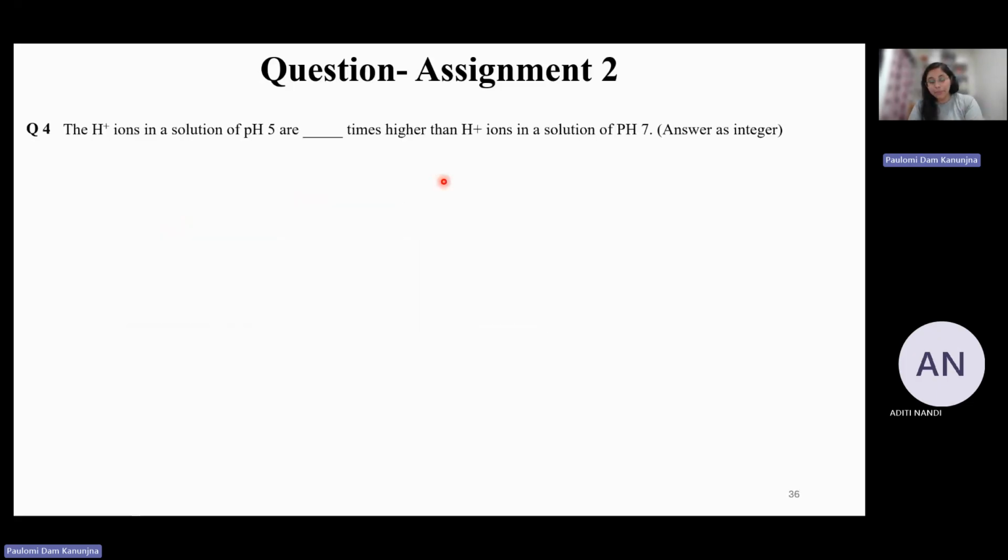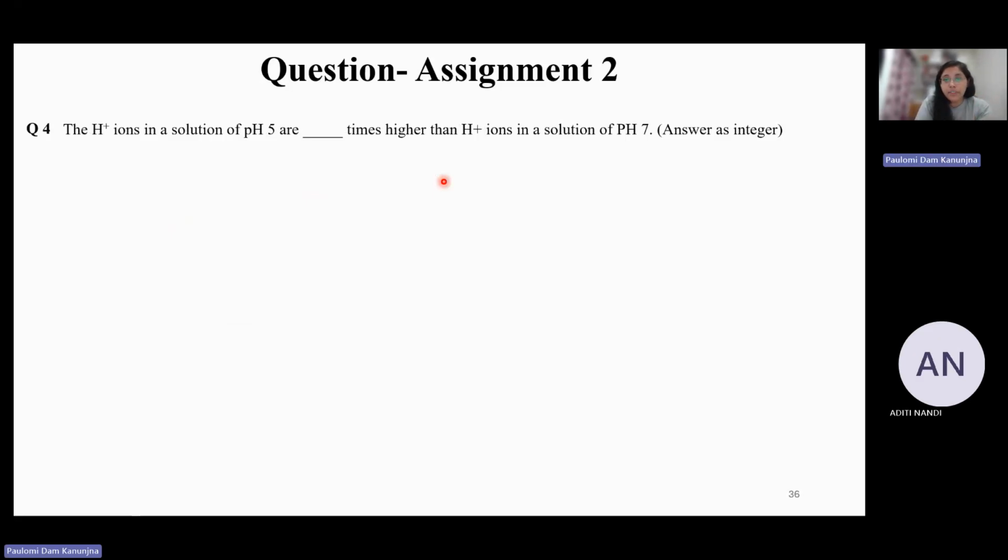Next one, which is again very simple. You need to tell me what is the value of the two pH changes that you see? The question is, if you have pH 5, then what is the H plus concentration?